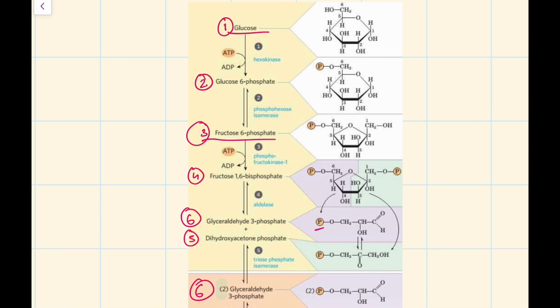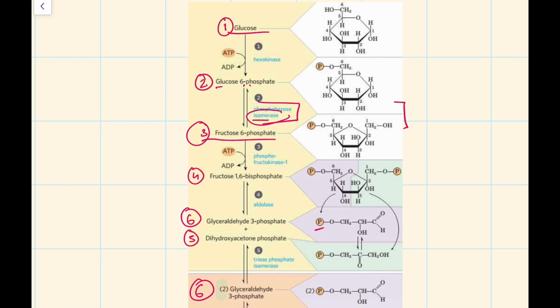So we are here now, which is our third molecule, fructose 6-phosphate, which is an isomer of glucose 6-phosphate. The enzyme that turns glucose 6-phosphate into fructose 6-phosphate is very aptly named, phosphohexose isomerase, because we're making an isomer. What an isomer basically is, is a rearrangement of the same chemical formula, the same atoms, in a different manner.